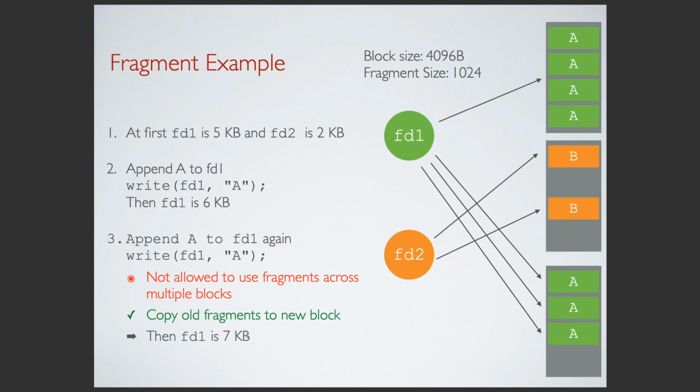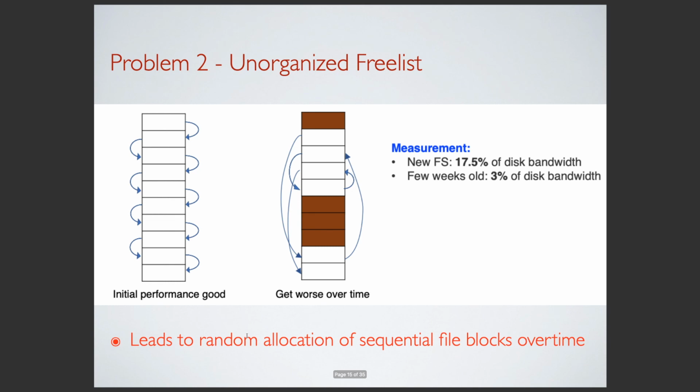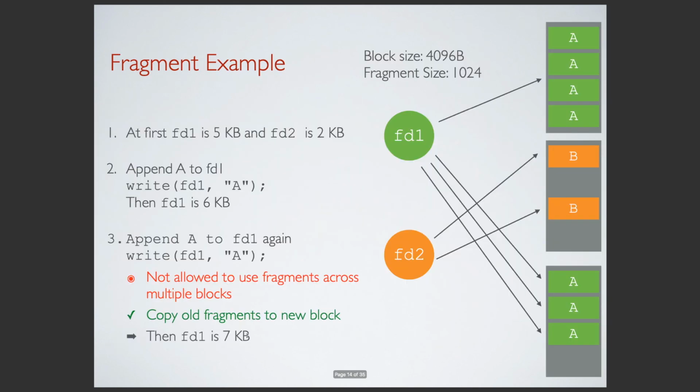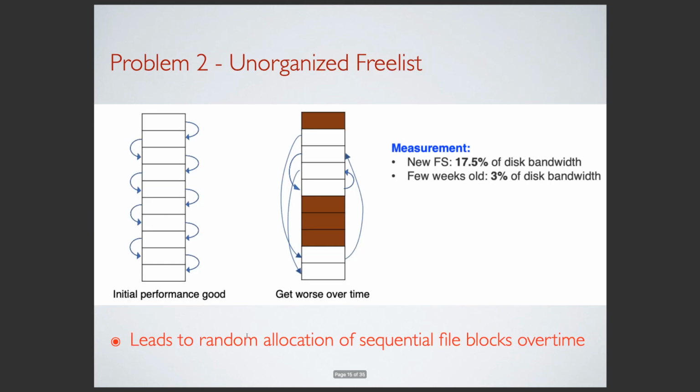The file system is going to detect that and copy those fragments. Again, there is an overhead, for sure, when you copy those things, but the fact that you're using fragments is still a lot faster. So that speeds up the disk quite a lot.